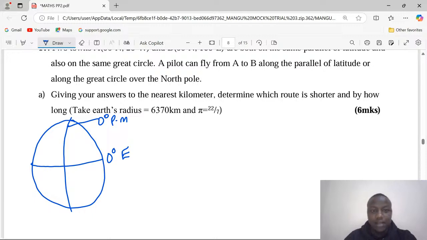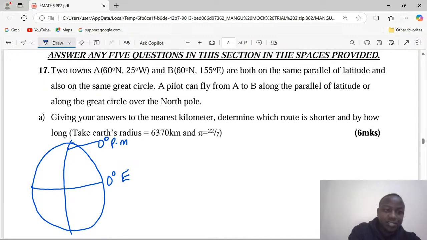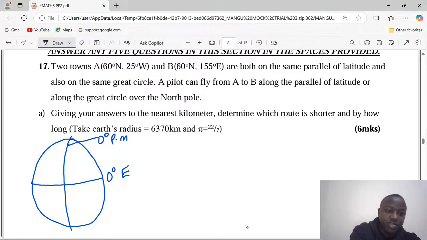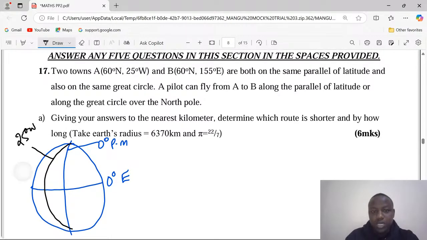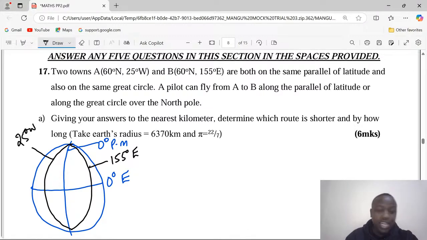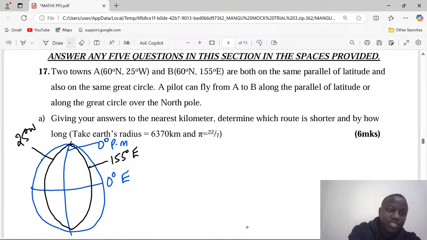Now we are saying that A is to the west, that means to the left, 25 degrees west, while B is 155 degrees in the east. Now they are both lying on 60 degrees north.